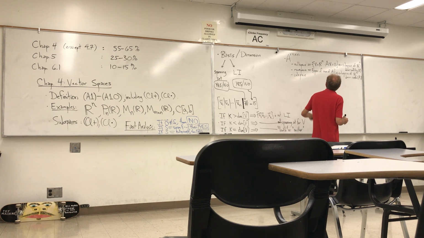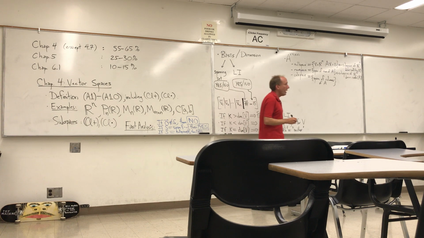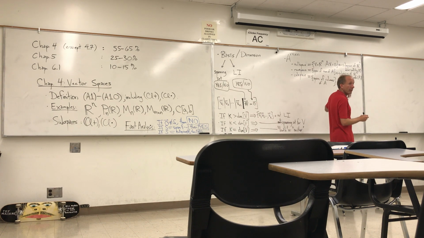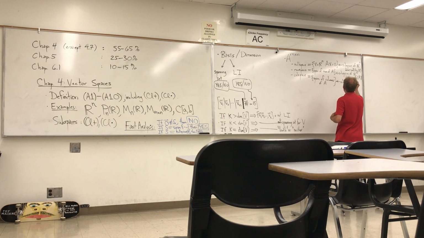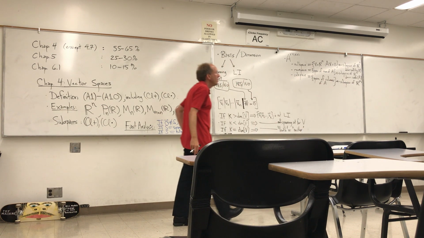Okay, great. The column space is, similarly, the span of the columns. So this is the set of the span of the columns of A. And the thing that's different here is that the span of the columns is a subspace of Rm, not Rn.